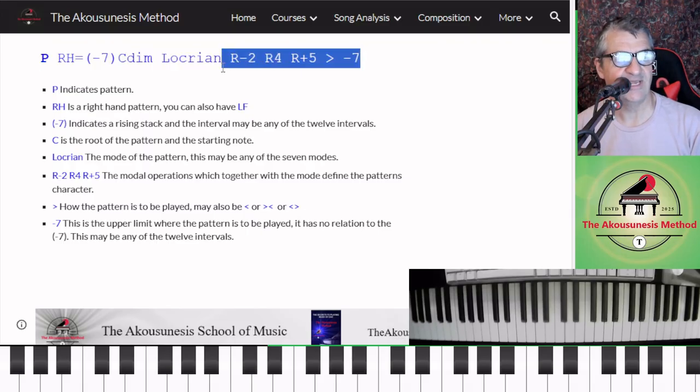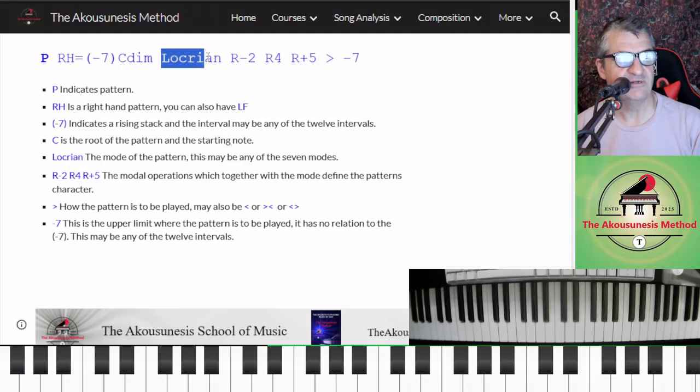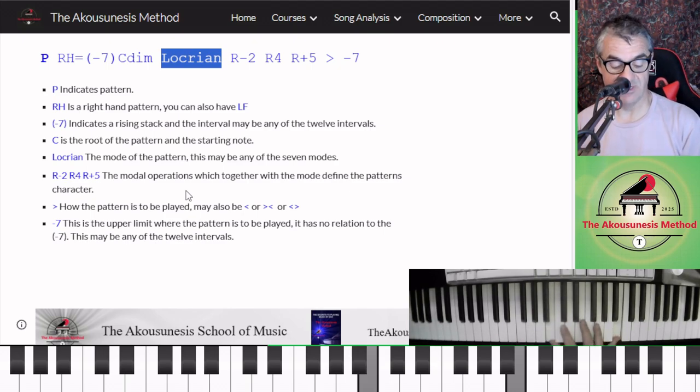Forget all that. Just focus in on this, a Locrian. Now, you know what a Locrian is, okay? You know what a Locrian is, because in the key of C, remember, we play from B to B. That's the Locrian mode. B to B. What's the chord associated with that mode?